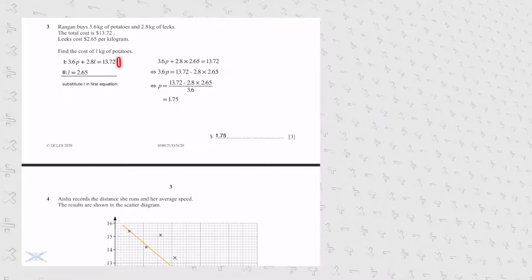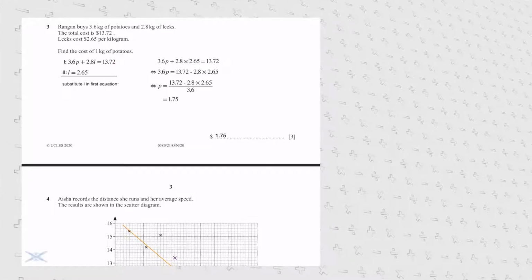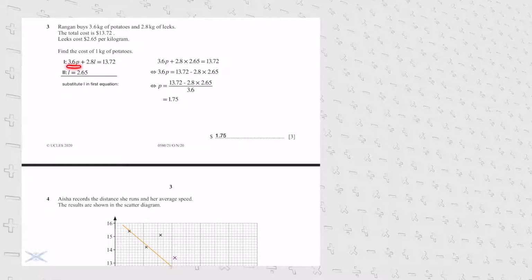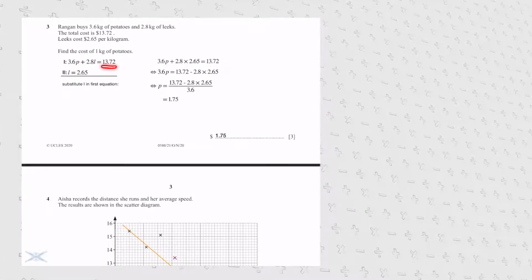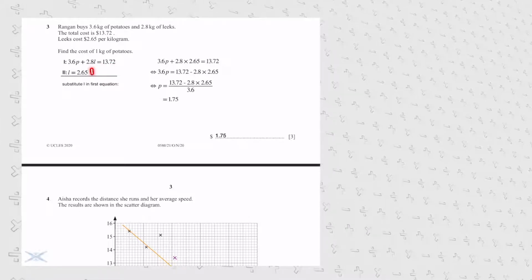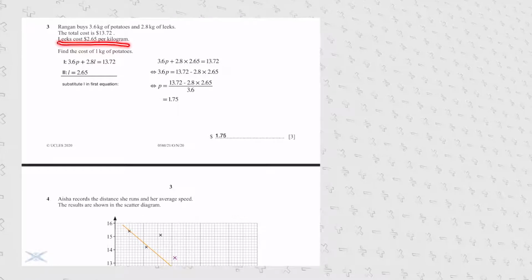We receive the first equation by looking into the first two sentences of the exercise, where it stated that 3.6 kilos of potatoes plus 2.8 kilos of leeks make up a total cost of $13.72. The second equation can be derived from the final sentence, where it states that leeks cost $2.65 per kilogram.